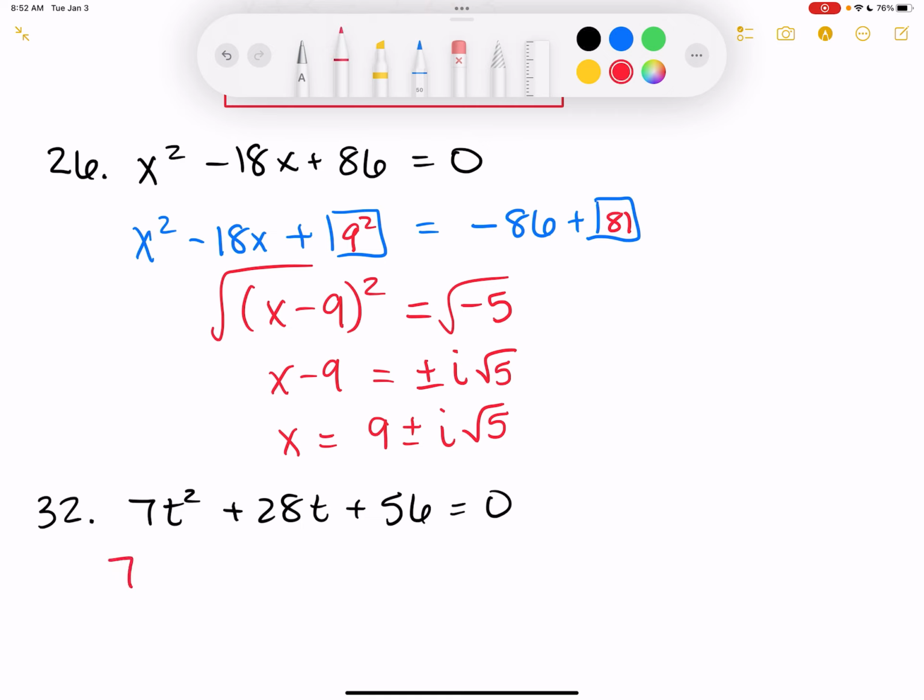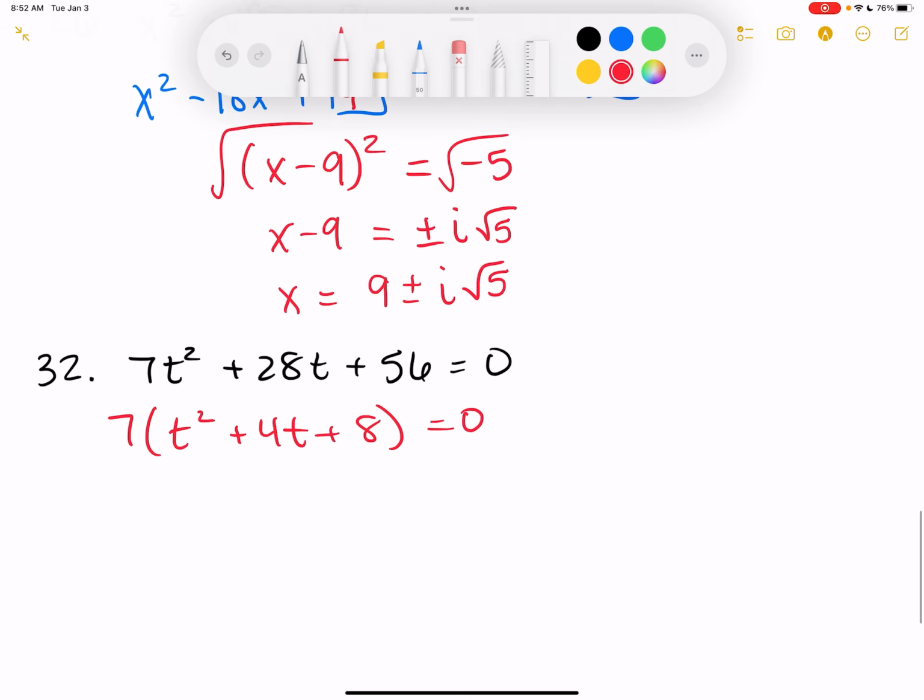So we would have 7 times t squared plus 4t plus 8 equals 0. Now, because then we would divide by 7, 0 divided by 7, it goes away. Hopefully the other numbers can divide by 7, because if not, that's going to make your math absolutely miserable if it's like a fraction. But it's gone, so we have t squared plus 4t plus 8 is equal to 0.